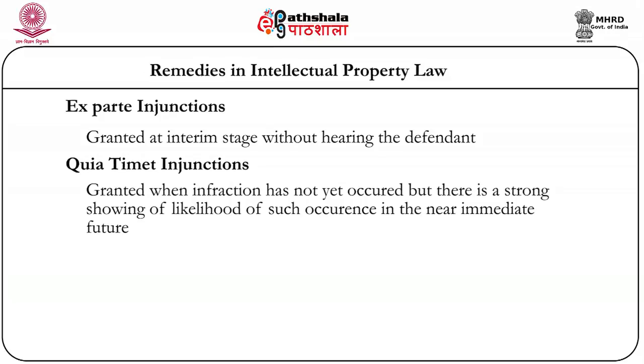But in a situation like this, it is imperative on the part of the plaintiff to intimate the defendant of the order of injunction within a period of 24 hours from the date of grant. And the defendant then has the right to move the court to vacate the ex parte injunction.